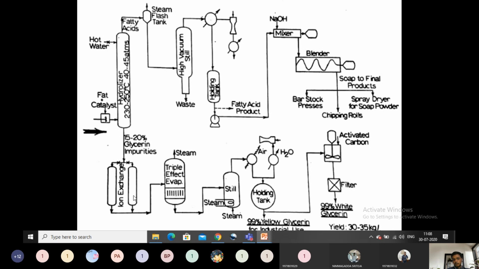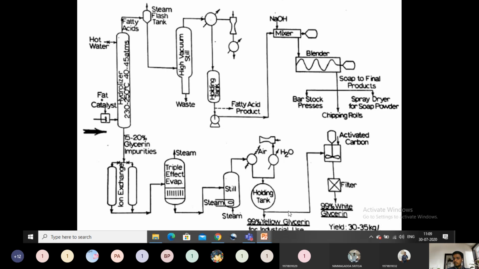After passing through this ion exchanger, the solution will be passed through the triple effect evaporator, and simultaneously using a vacuum distillation unit, whatever water is there will be separated out. This 15 to 20% glycerin will be obtained as 99% yellow glycerin. Some coloring compounds will be there, so this is called yellow glycerin.